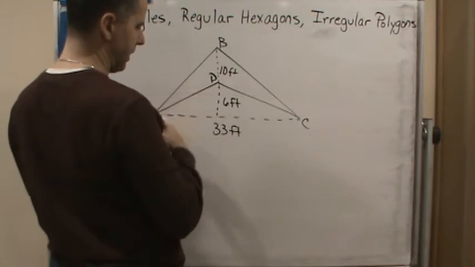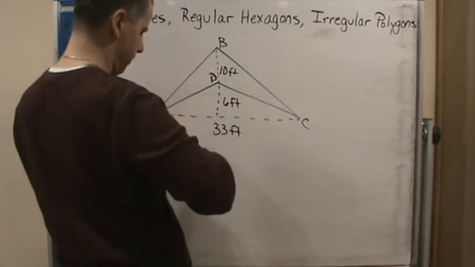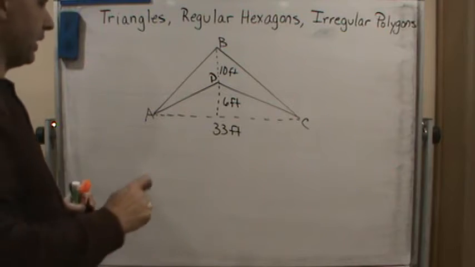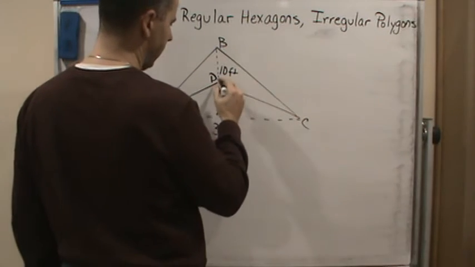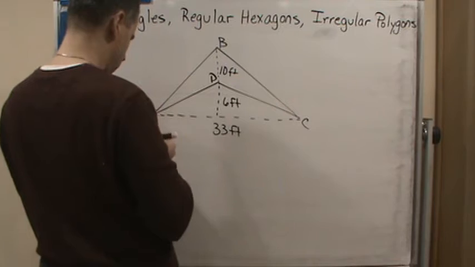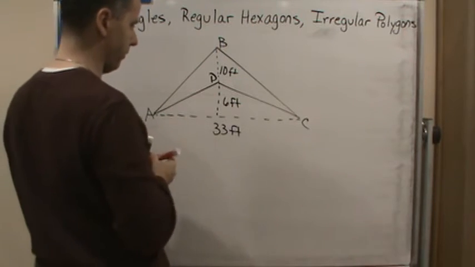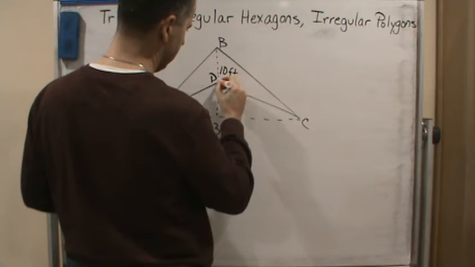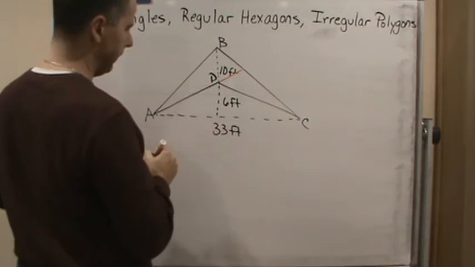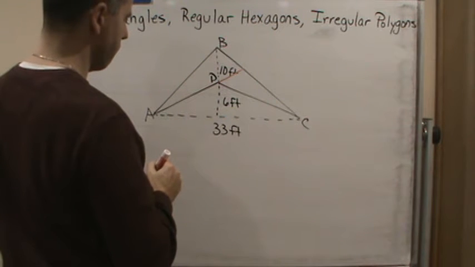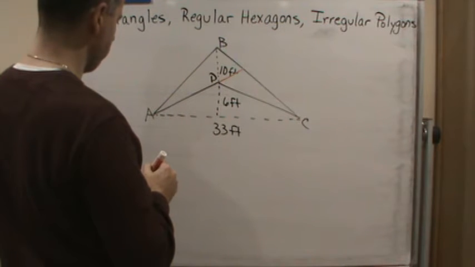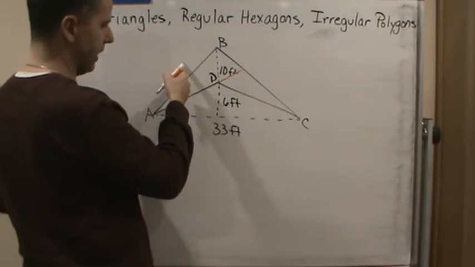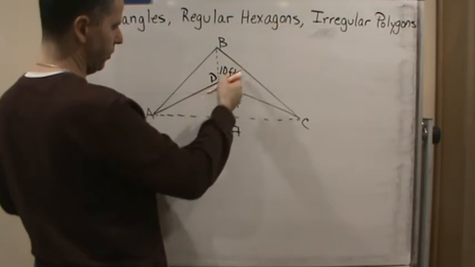If you try to chop this up by partitioning it into two smaller triangles, you're going to run into issues because you're not going to have enough information. If you try to partition it this way, you don't know this side, you don't know this side, you don't know this side, and you don't know this side.